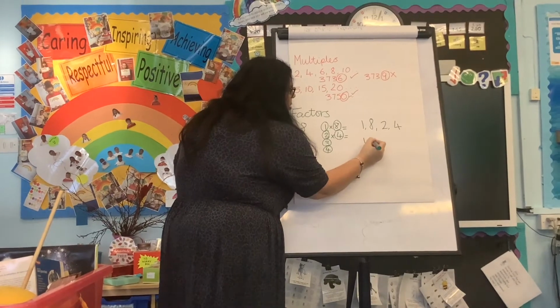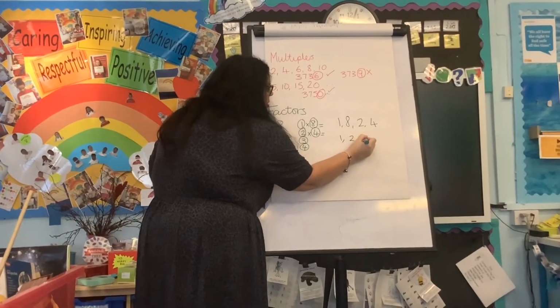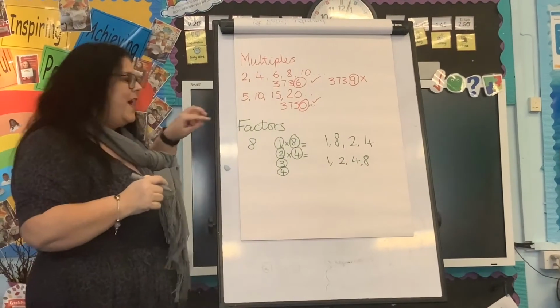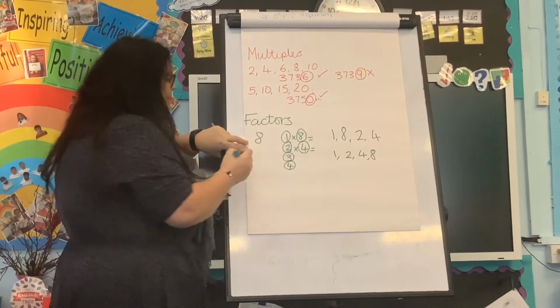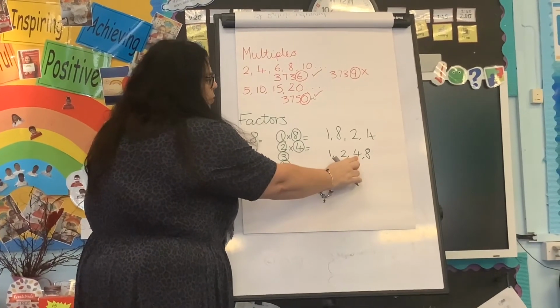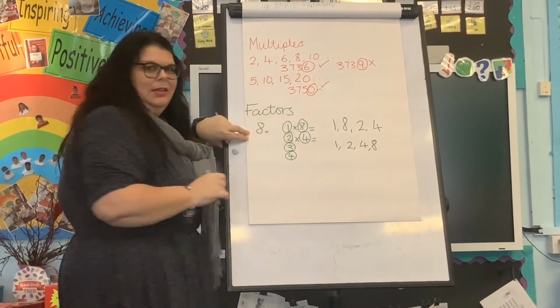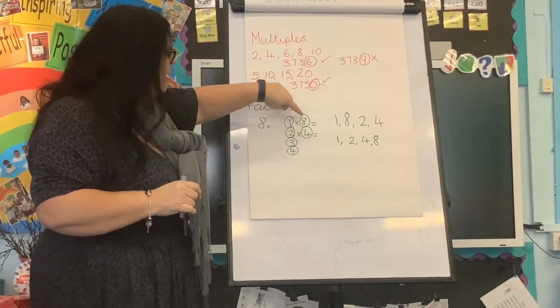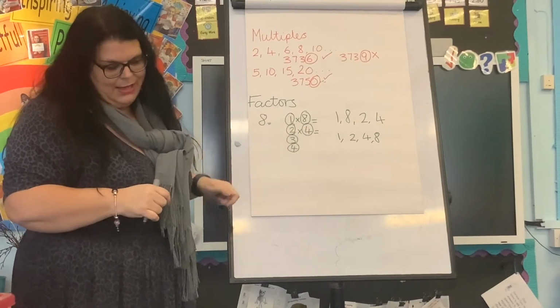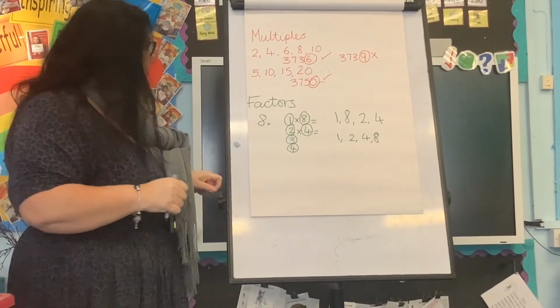So you'd write 1, 2, 4 and 8. So the factors of 8 are 1, 2, 4 and 8. The factors come in pairs. 1 and 8 are factors and 2 and 4 are factors. They come together in pairs.